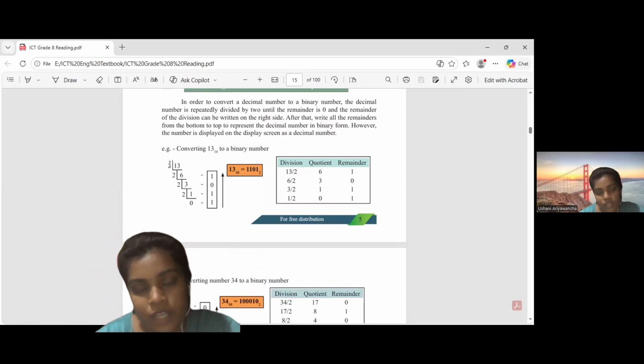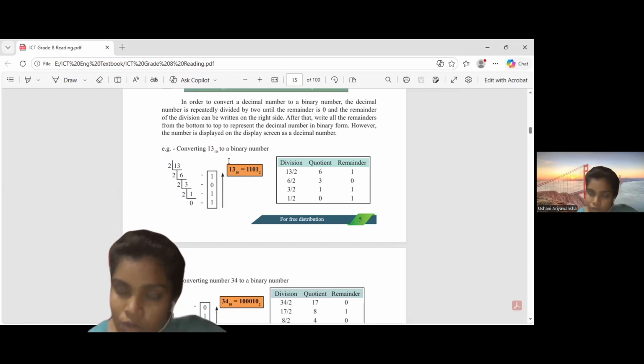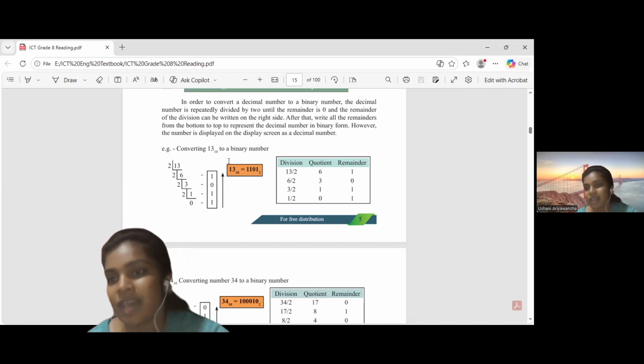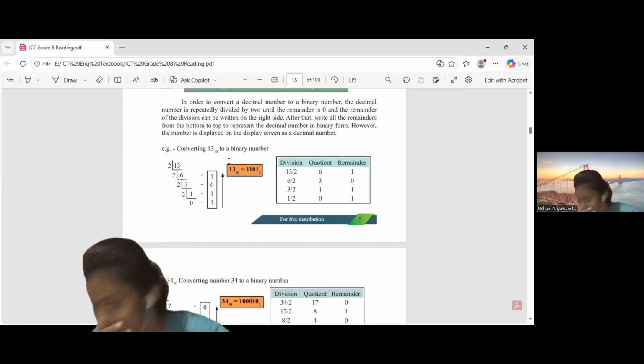So, we should divide by 2 continuously until it becomes 0, right? Until the value becomes 0, right? Because we need to convert it to binary value, right?